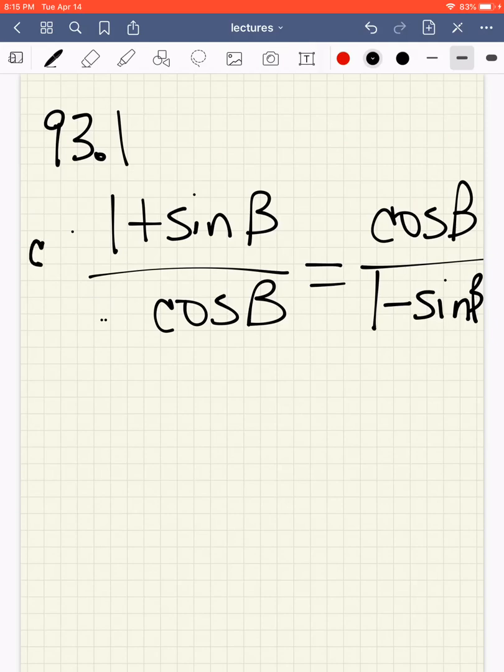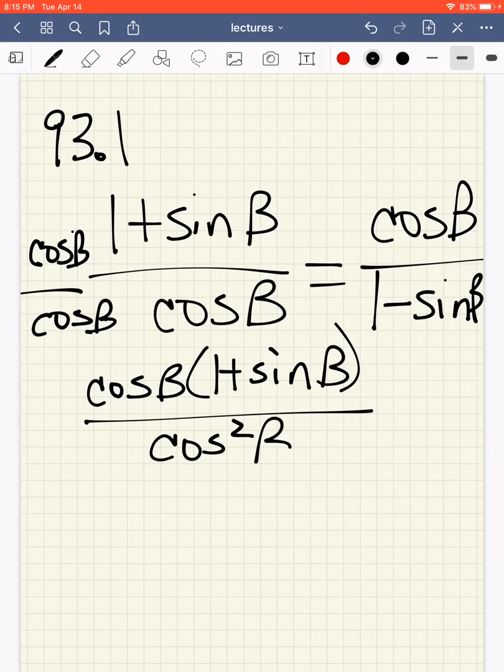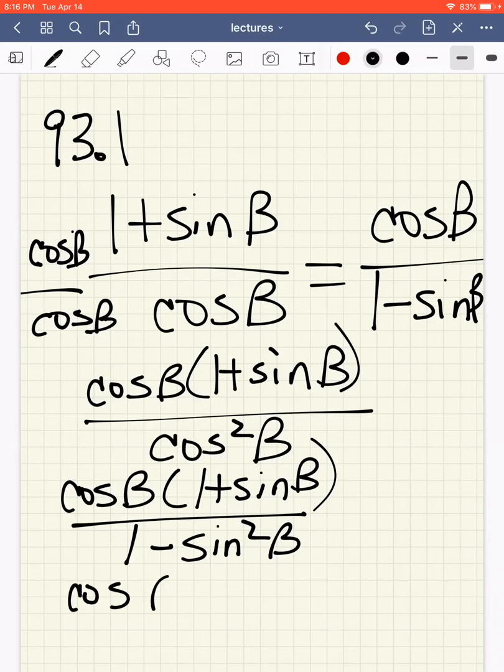Let's multiply by cosine of b over cosine of b, because remember that's going to turn this one into cosine squared of b. Cosine times cosine is cosine squared of b. And then I can rewrite cosine squared as 1 minus sine squared. And then next I can say cosine of b times 1 plus sine of b.